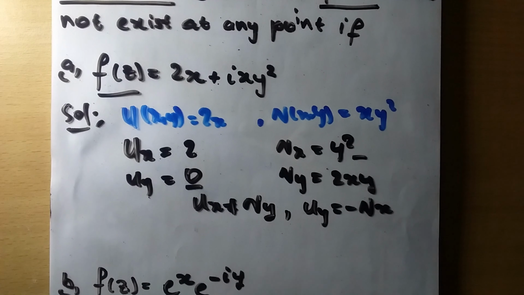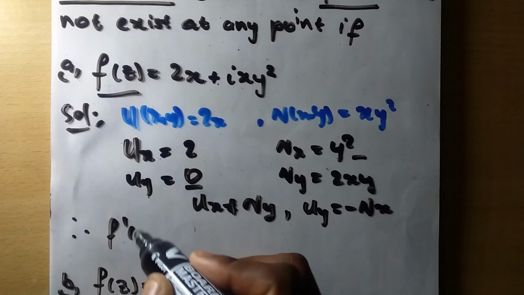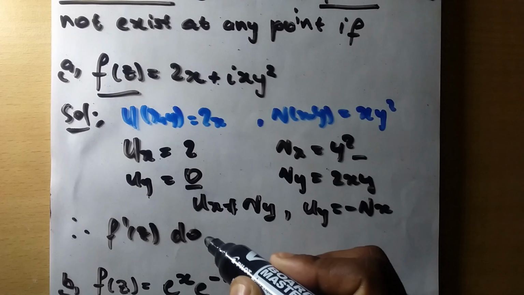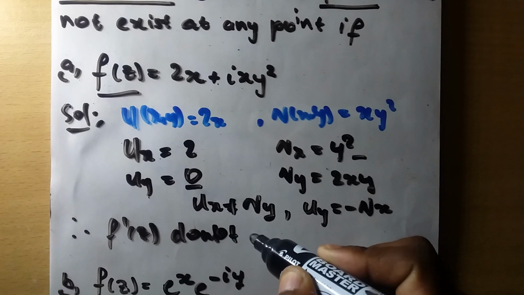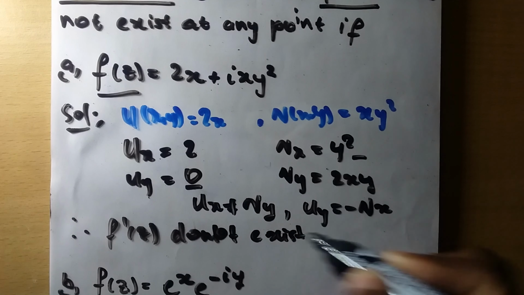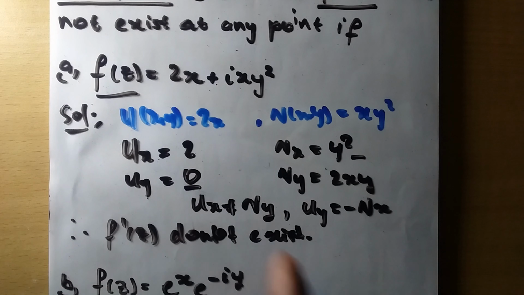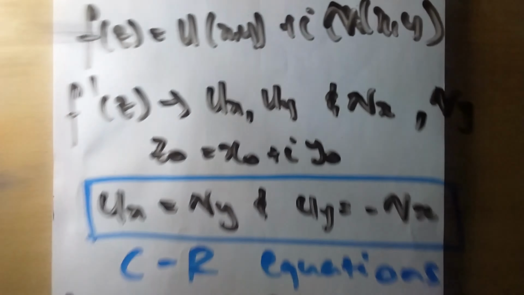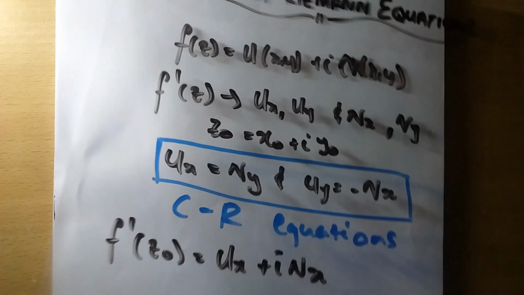Therefore we are going to say that f prime at z does not exist. If the Cauchy-Riemann equations, these two equations, are not met, then we say that the derivative does not exist.